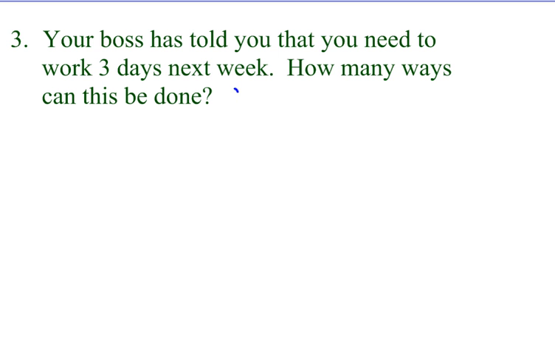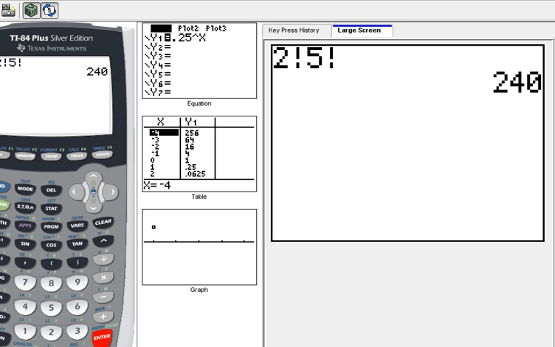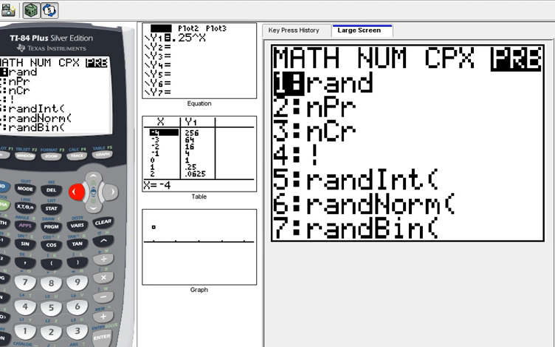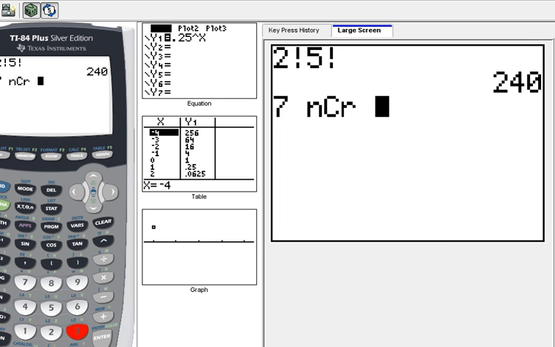This would be an example of a combination. It doesn't matter which 3 days you pick. The order in which you pick them doesn't matter as long as you have 3 days picked. So we're going to say we have 7 to choose from, 7 days of the week. This is a combination, and we have to choose 3 days. So I go to my calculator, and I'm going to punch in 7, and then I go and find the number 3 now, because I'm doing a combination, and then I'm picking 3 days that week.